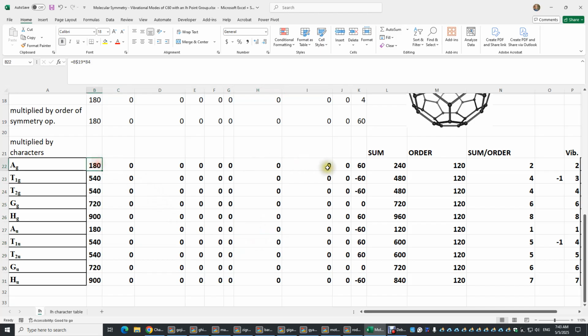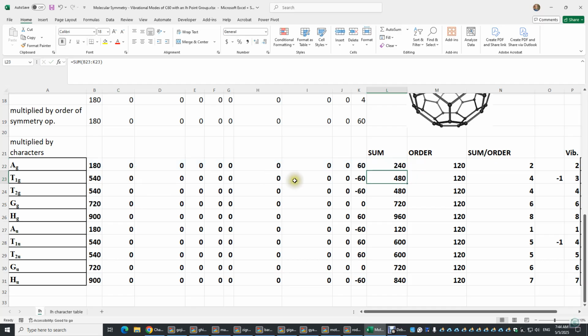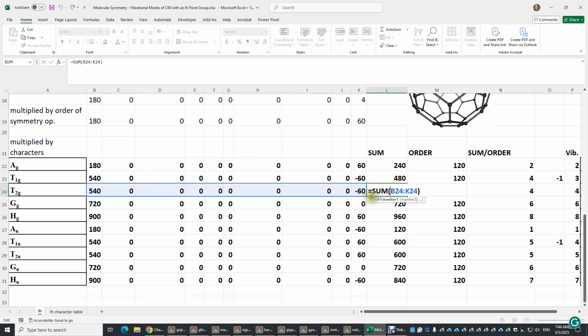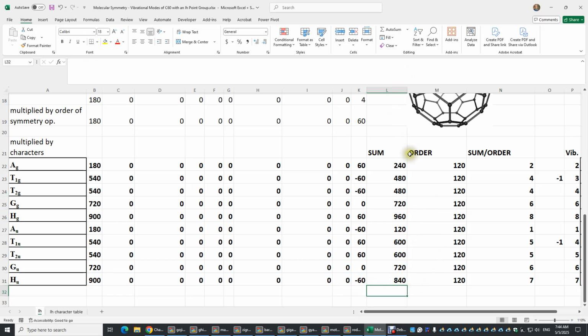Now we sum up these numbers. 240 is the sum of 180 and 60. And we sum up these two numbers. You can see we just simply sum up the 10 numbers. All right, 840, it's 900 plus negative 60. Then we divide by the order of the icosahedral point group, which is 120.